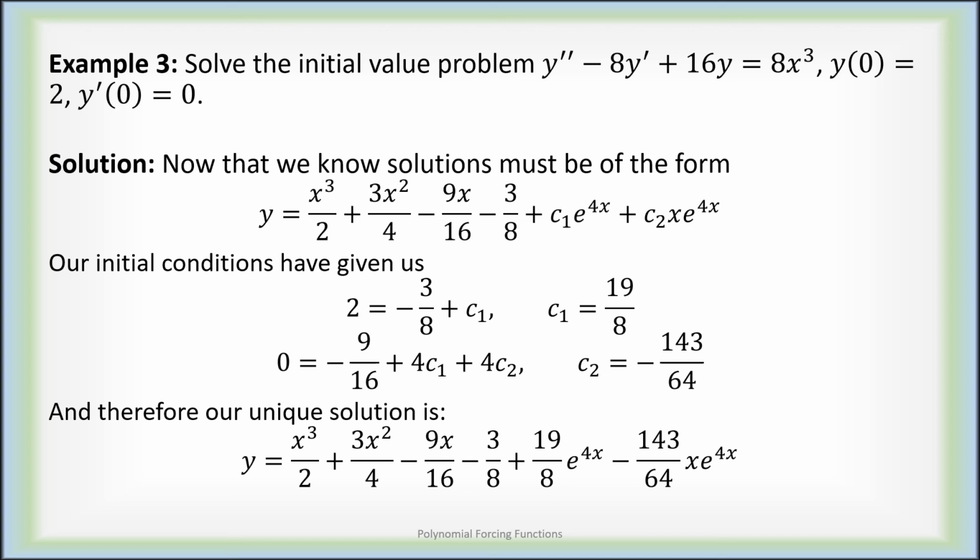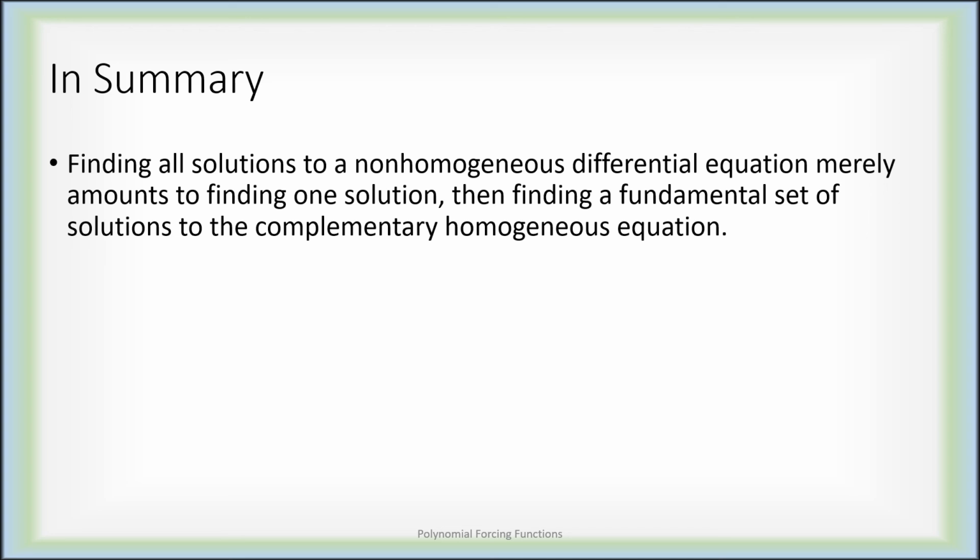Overall, what have we covered? Finding all solutions to a non-homogeneous differential equation really just reduces down to finding one particular solution. We normally denote it as y sub p. Then you also have to find a fundamental set of solutions to the complementary homogeneous equation.